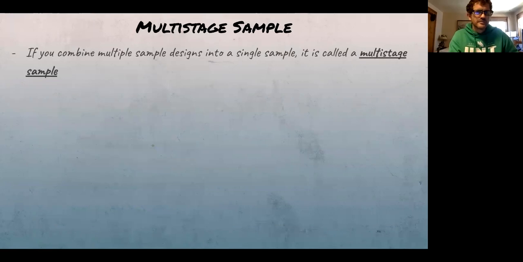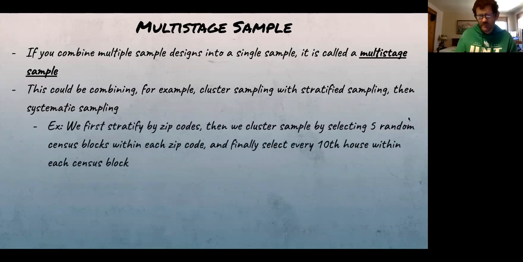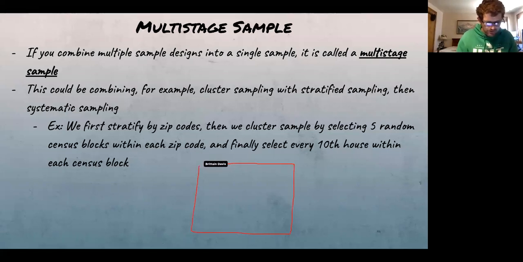Multi-stage. So this is just as simple as combining different types. So you could do a cluster, stratified, and systematic sampling all in the same sample. So let's say that we're trying to get some information and we start with zip codes. So I've got a zip code here that is that area.